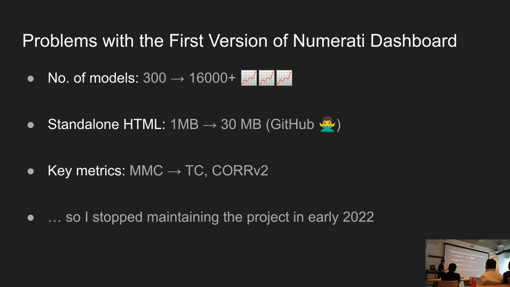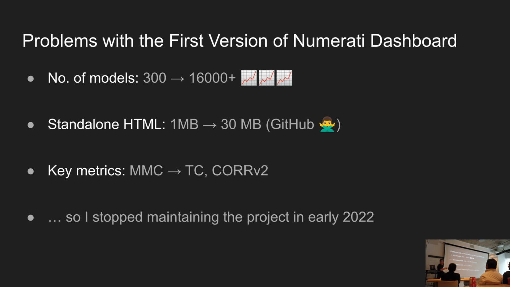So at some point between then and now, the size of that static HTML file grew from 1 megabyte to more than 30 megabytes. If you've been using GitHub for a long time, you know this is the danger zone. It will give you a message saying you should use the large file system of GitHub instead of uploading it.